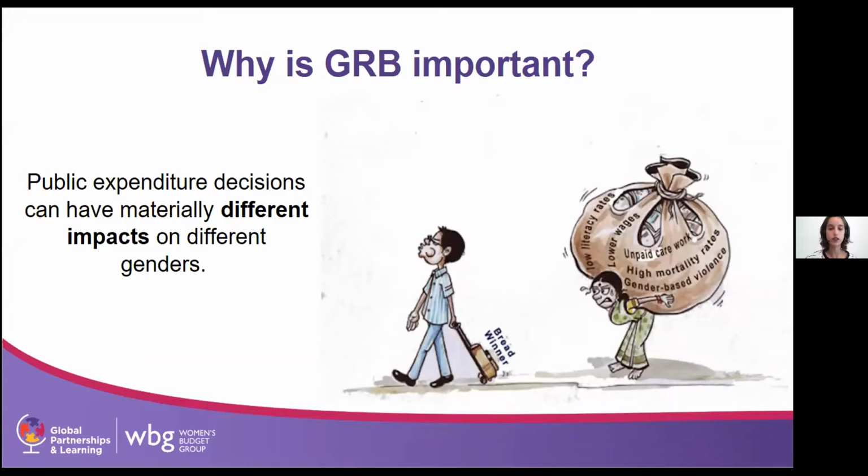Gender responsive budgeting is very important. Gender relations are everywhere. They shape our reactions to incentives. They impact on how labor is organized. They define which places people frequent, even which means of transport we use.